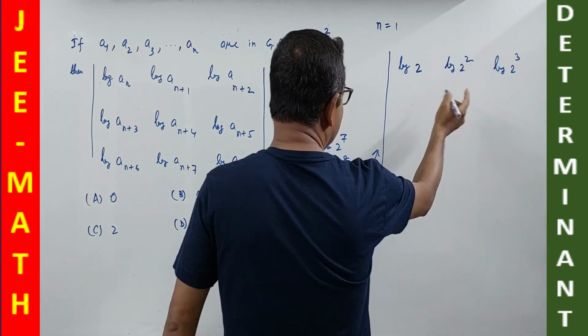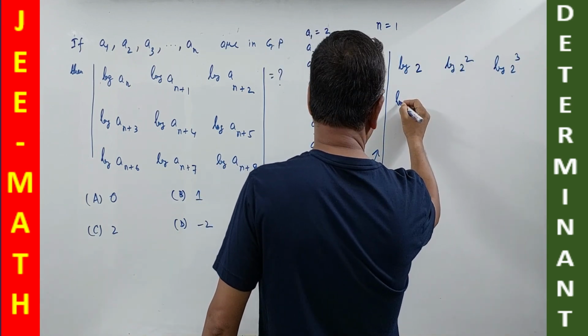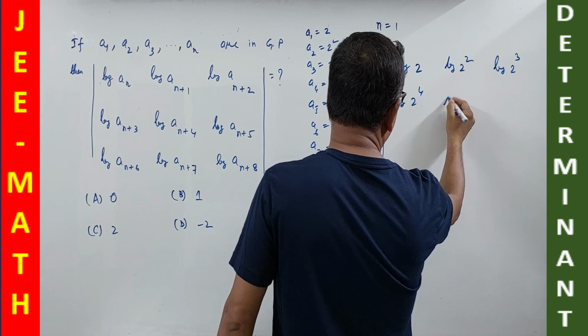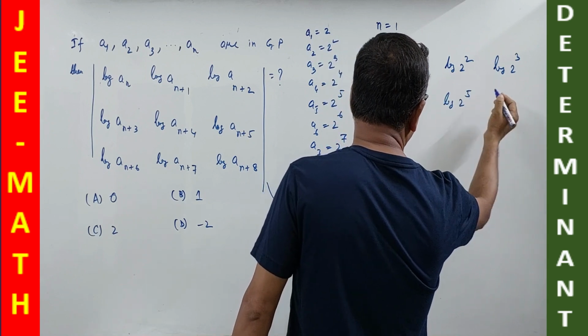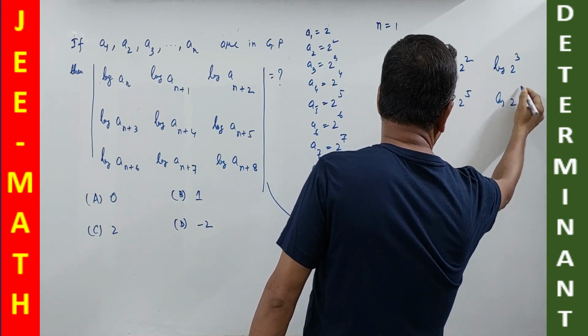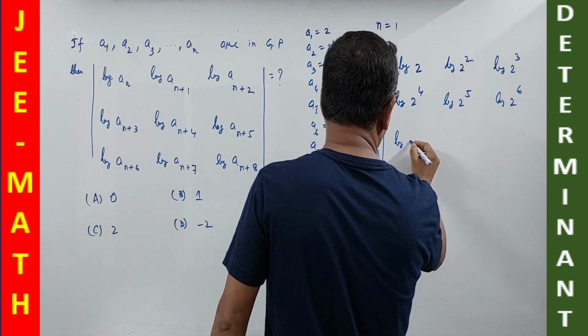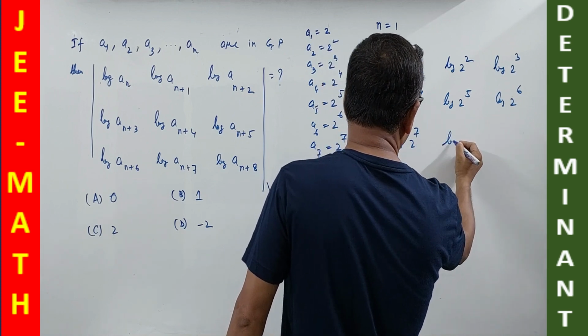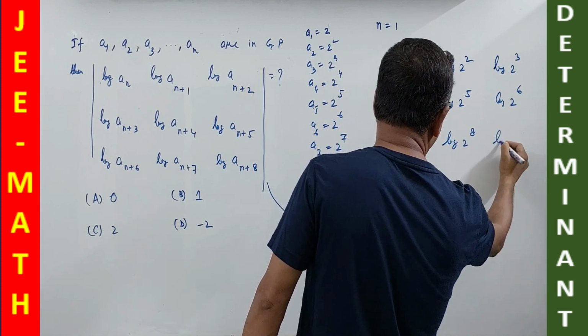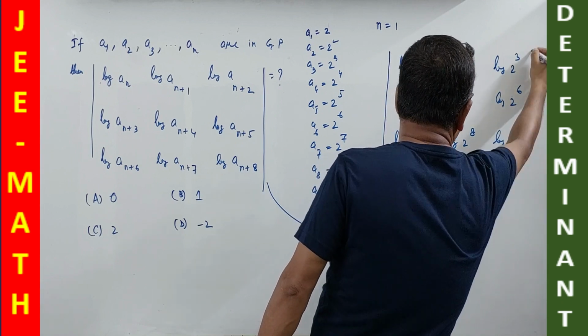And in this way you can write log of 2 to the power 4, log of 2 to the power 5, log of 2 to the power 6, log of 2 to the power 7, log of 2 to the power 8, and log of 2 to the power 9.